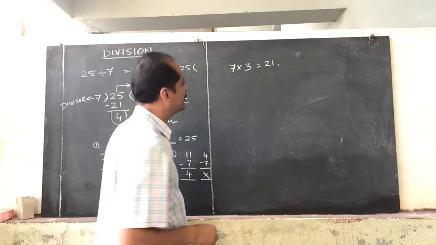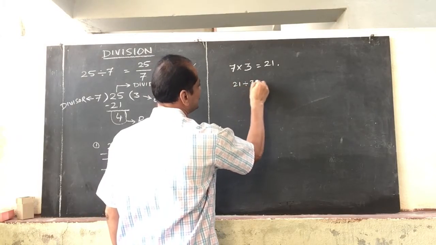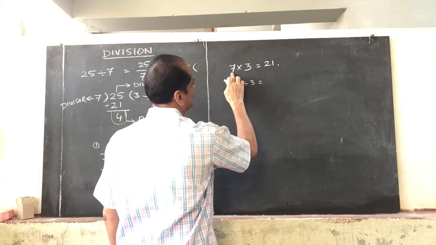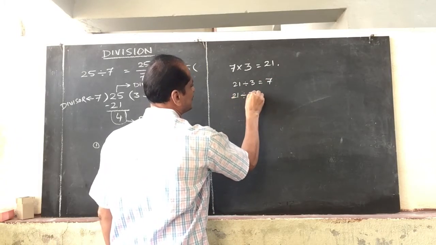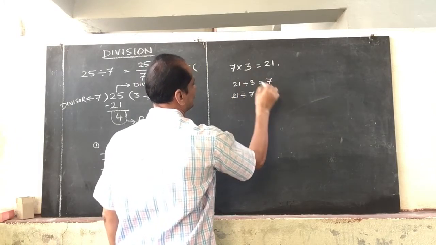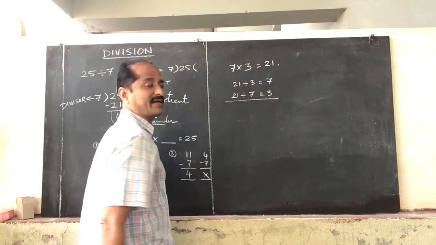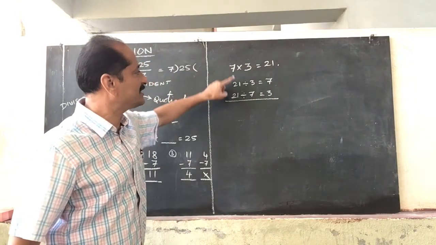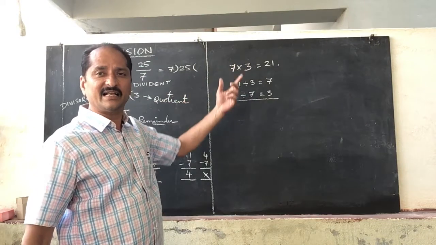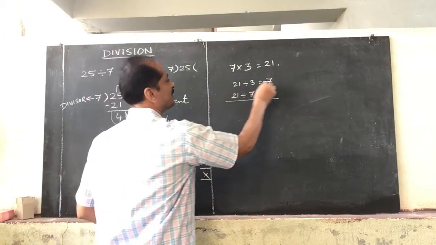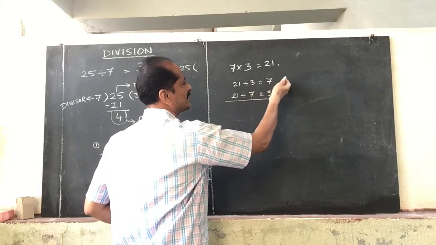What are the two division facts? 21 divided by 3 is equal to 7, and 21 divided by 7 is equal to 3. These are the two division facts for this multiplication fact. For every multiplication fact there are two division facts. And if you observe this in the reverse process, that means if you take 21 divided by 7 is equal to 3, going that side, it will be multiplied.